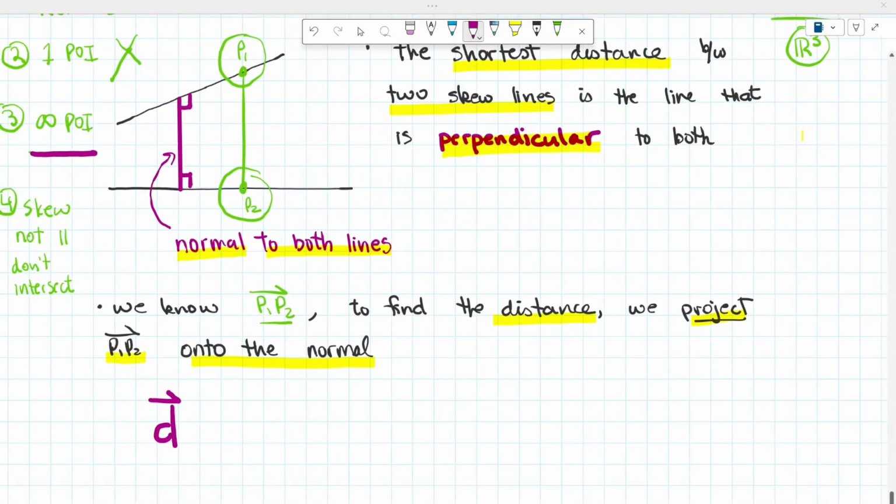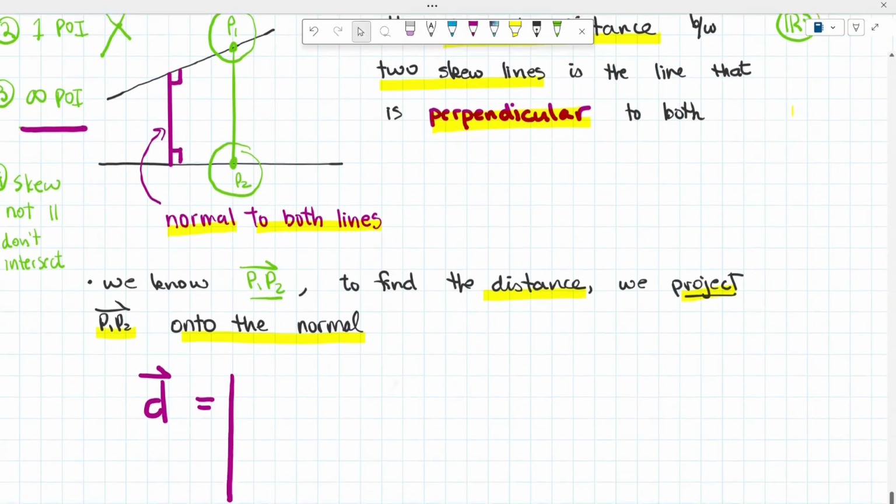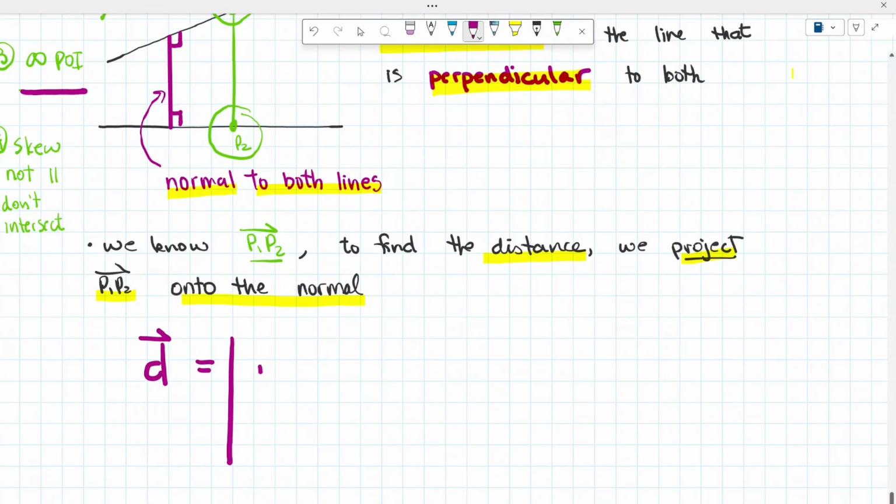It is equal to the absolute value of n, which is this common normal, dot P1P2, our vector between our 2 points, divided by the magnitude of our normal n.